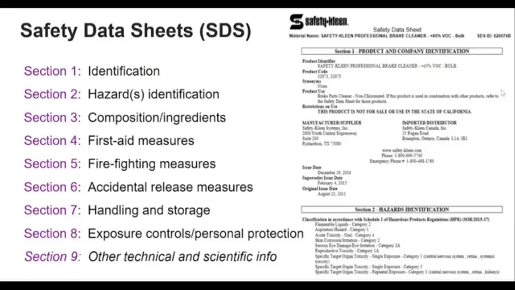They include, starting with identification of the chemical, the name, identification of the hazards, as well as the composition and ingredients within the chemical, first aid measures, firefighting measures, as well as accidental release, how to properly handle and store the chemical, as well as exposure control and what PPE is required or can be helpful for limiting exposure, and then other technical and scientific information.